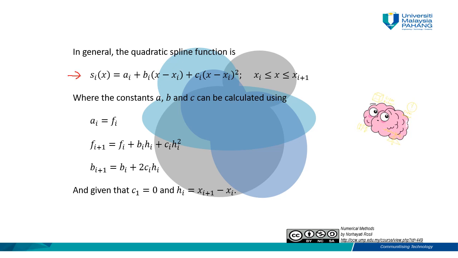Si equal to ai plus bi(x minus xi) plus ci(x minus xi) square, from xi until xi plus 1. Here we have a, b and c, where a, b, c are constants. So how to calculate the values for a, b and c? We will use this formula.